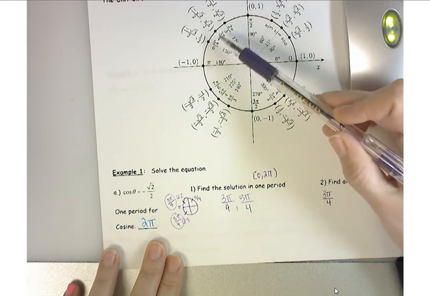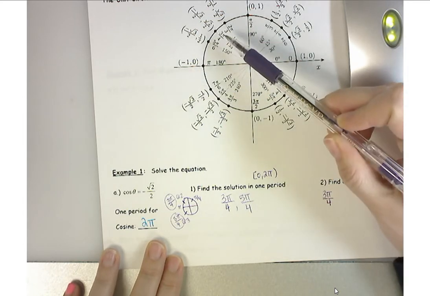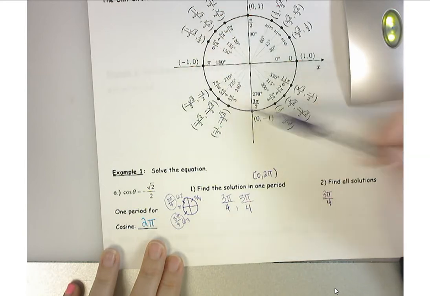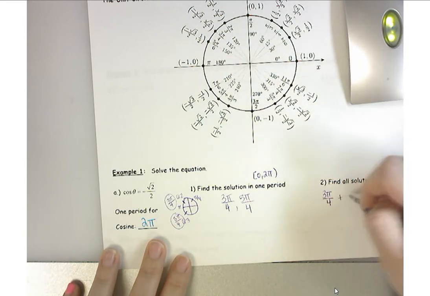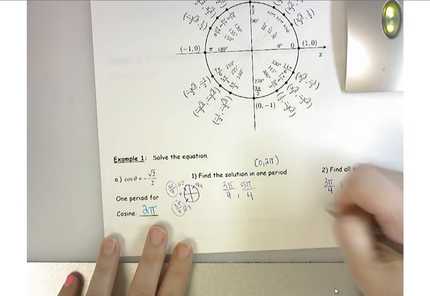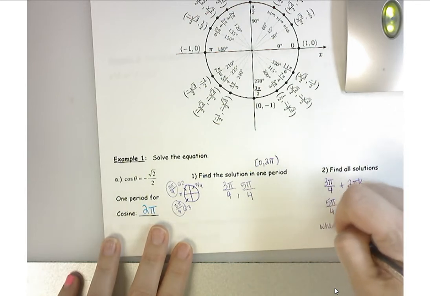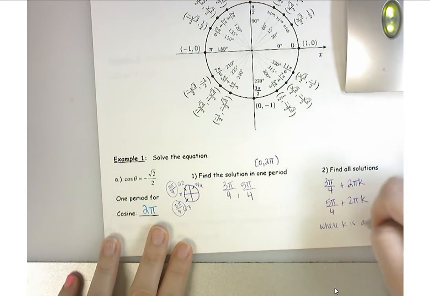So I would just have to add 2 pi to find the other point, okay? And I could do that as many times as I wanted. So we would just write this as 3 pi over 4 plus 2 pi times k, and 5 pi over 4 plus 2 pi times k. And this is going to be where k is any integer.